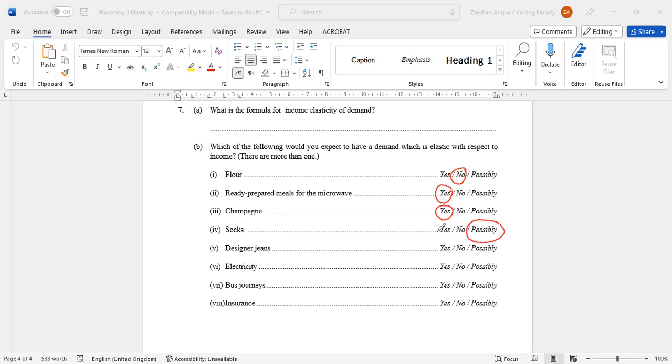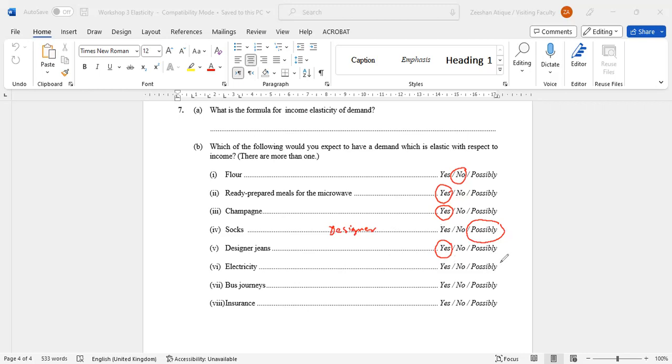But possibly if the socks are designer socks, the income elasticity is positive. Now designer jeans is a very obvious thing that should have a positive income elasticity of demand.